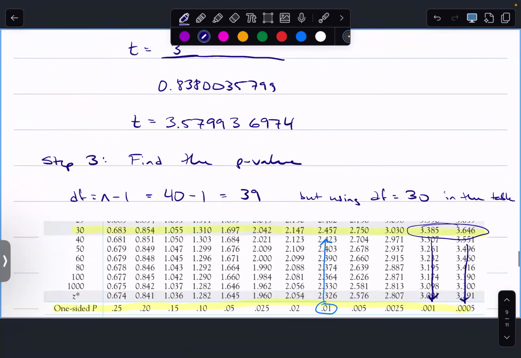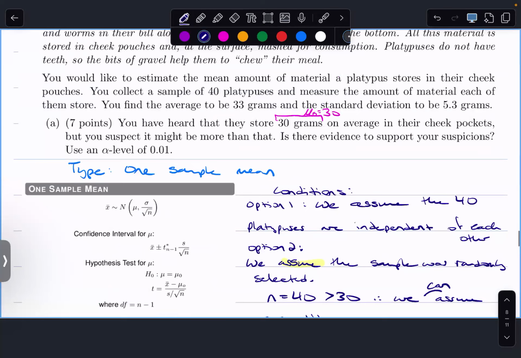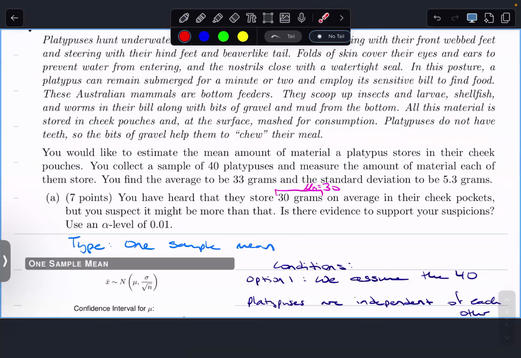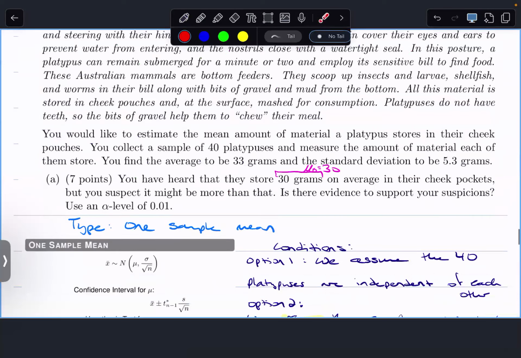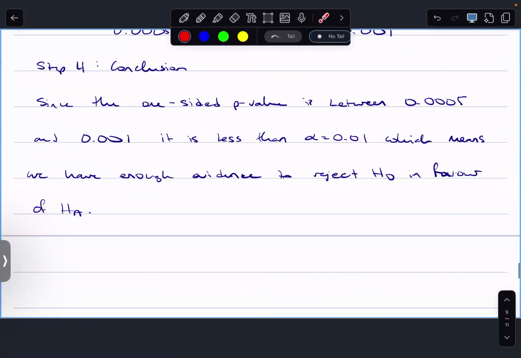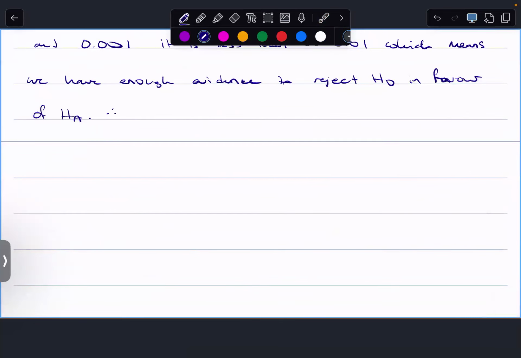This means we answer the question, is there evidence that they store more than 30 grams on average in their cheek pockets? Yes, there is. Therefore, I'll rephrase it.